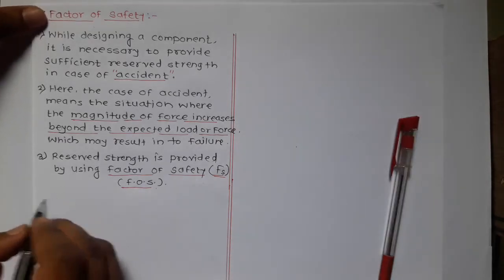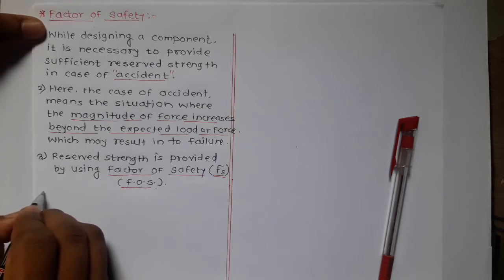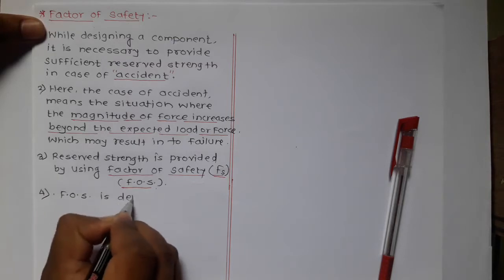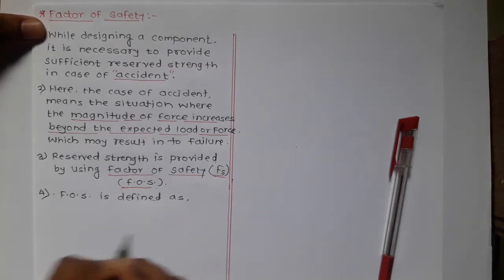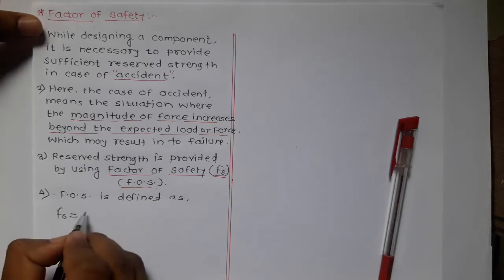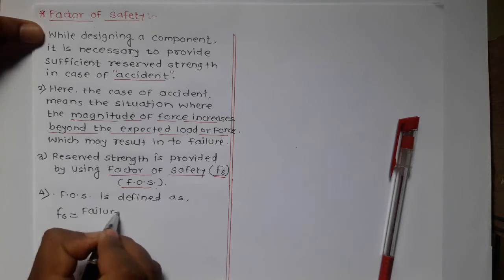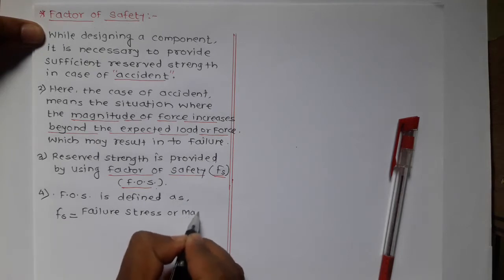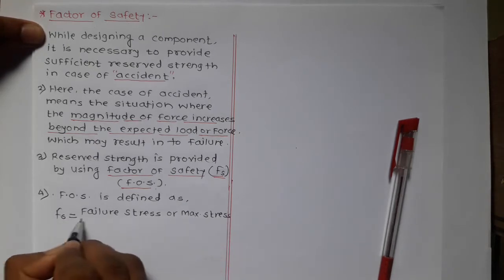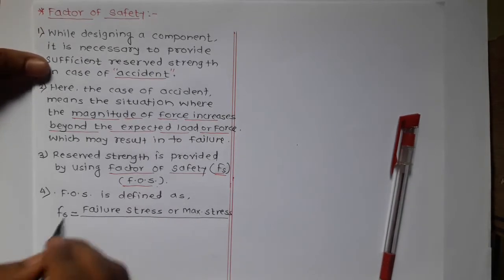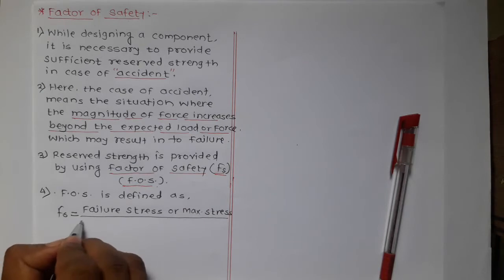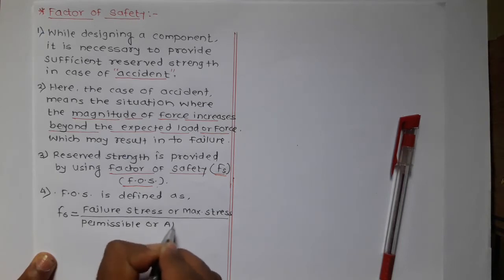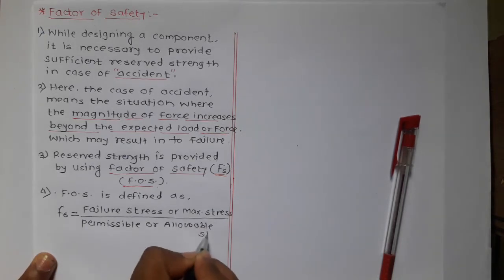Now the factor of safety is defined as the ratio of failure stress, or maximum stress, to the permissible stress, or allowable stress.